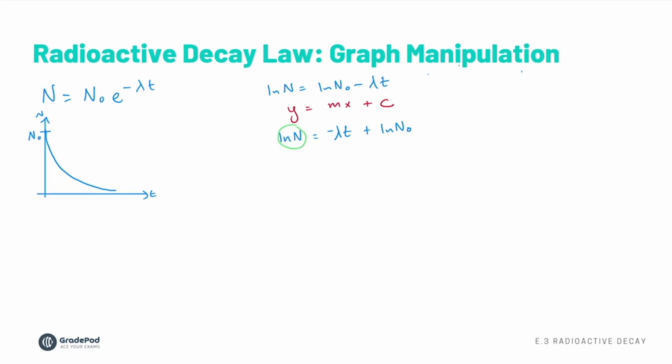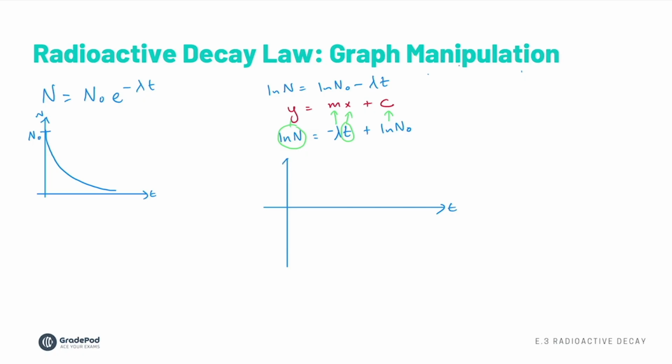Plot ln N on the y-axis, plot t on the x-axis, and that tells us that our gradient will be minus the decay constant and our intercept will be ln N naught, or the natural log of N naught. And the graph's going to look like this.